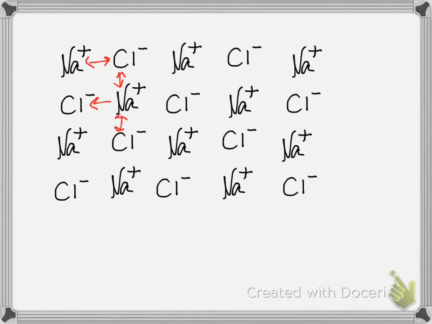So it's really this huge mass of attraction. Within a chunk of salt, you've got forces of attraction running in all directions. This is three-dimensional. I'm showing it two-dimensionally because that's the limit of what I can do. But those are some pretty powerful forces of attraction.